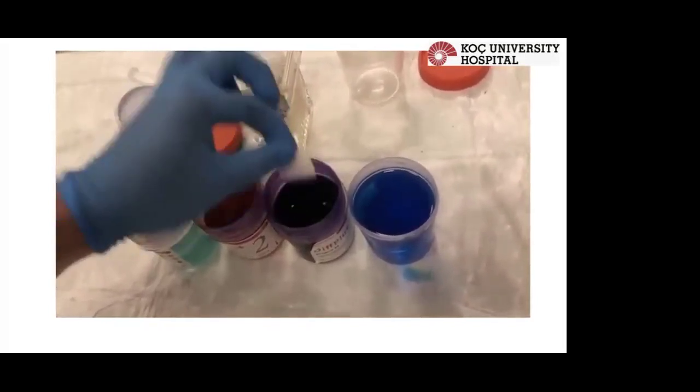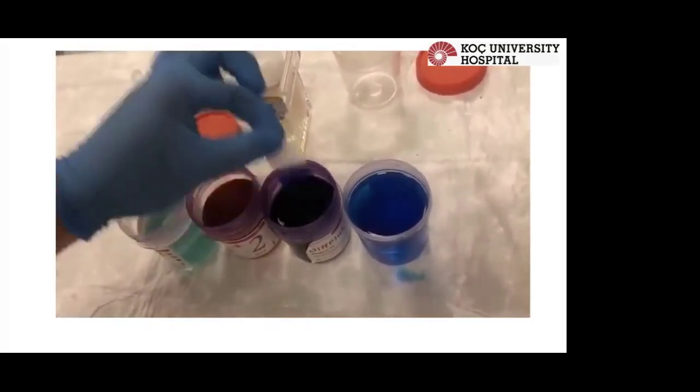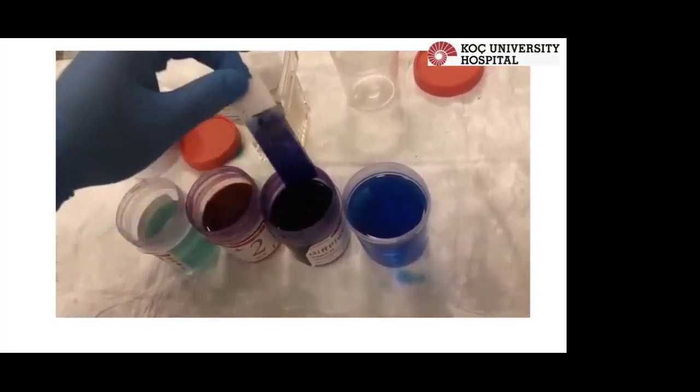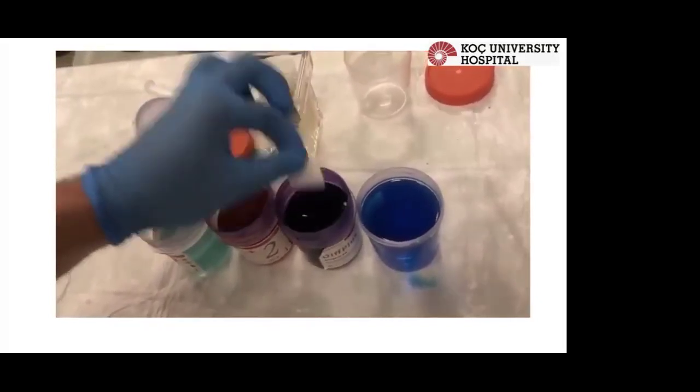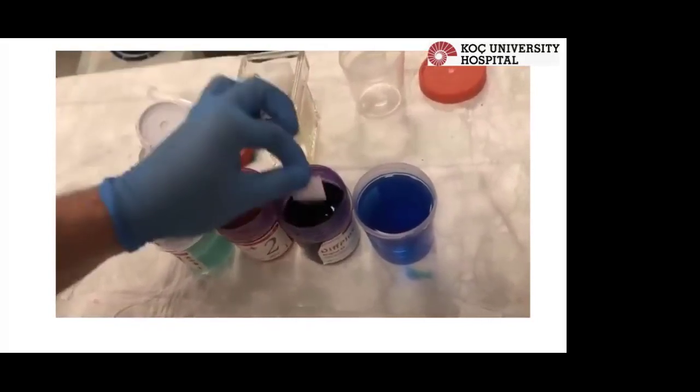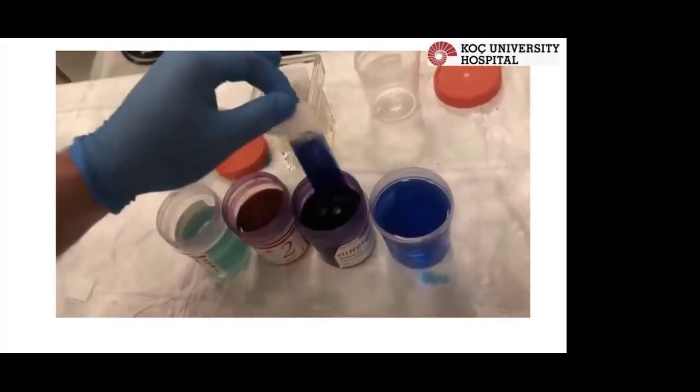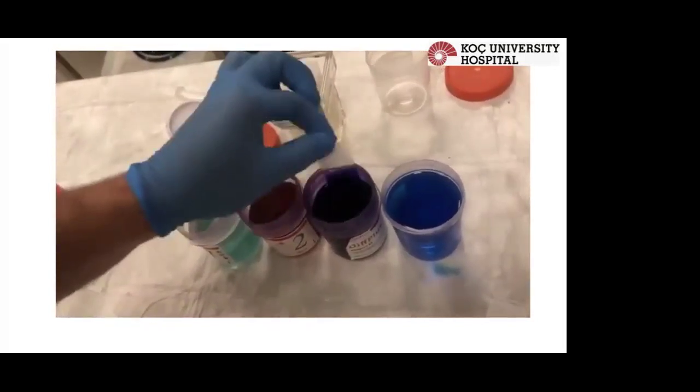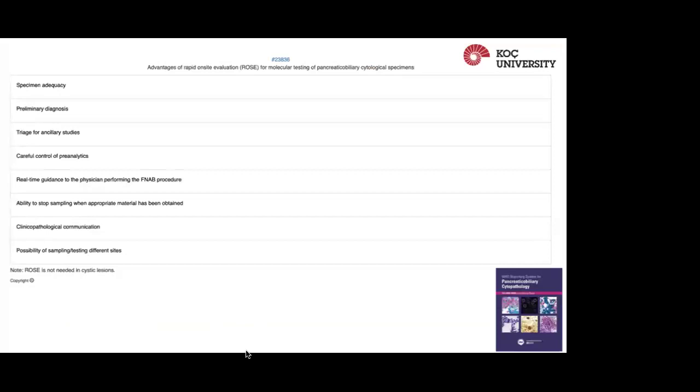If the cytopathologist determines that the sample is inadequate, then the physicians performing the procedure can modify the FNA technique or take an FNB. And if he confirms that adequate diagnostic material was obtained, then additional specimen collection can be performed during the procedure for ancillary studies like flow cytometry, immunohistochemistry, or molecular tests.